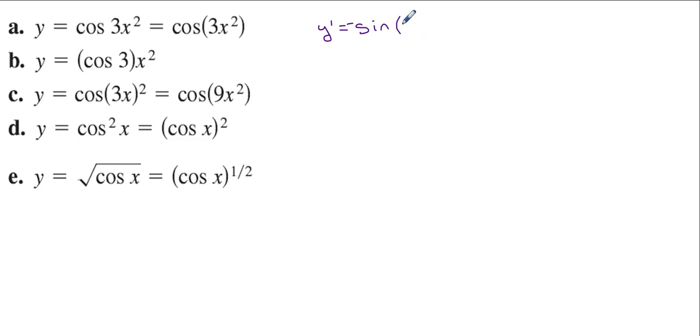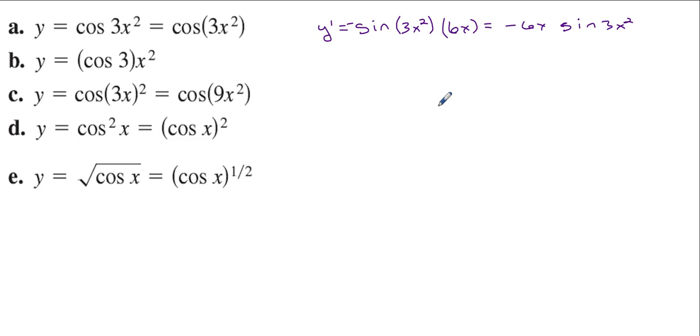Oh, we don't take the derivative of the inner yet. So the derivative of the outer at the inner times the derivative of the inner, which would be what, 6x? And I would definitely rewrite this as negative 6x sine 3x squared. Don't really think there's parentheses really needed right there, but I wrote them anyways. You could put parentheses around the 3x squared if you wanted to. It's up to you.